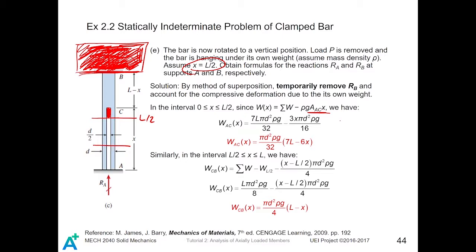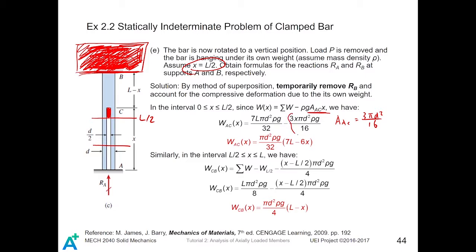Recall that the cross-sectional area for section AC would be 3 pi d squared divided by 16. Therefore, the compressive load caused by the weight in segment AC, expressed in x, is given by the total weight of this bar minus rho g times the cross-sectional area times x.